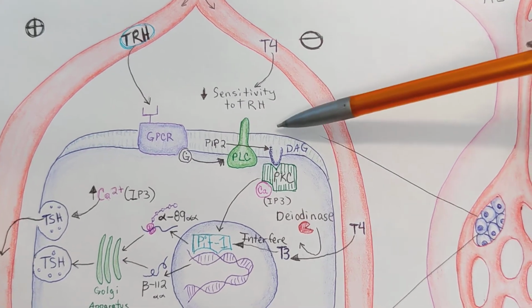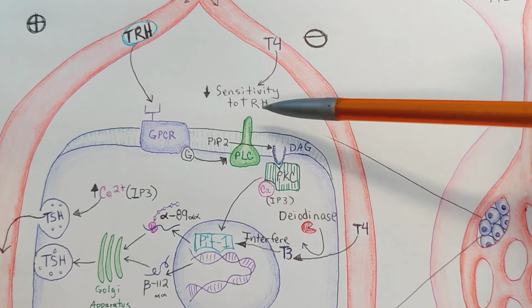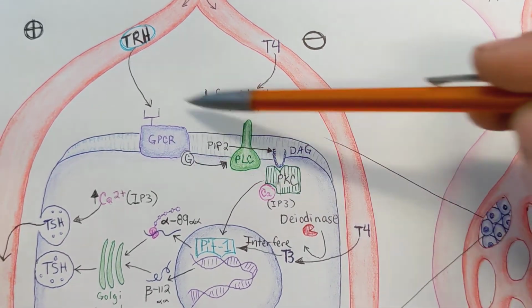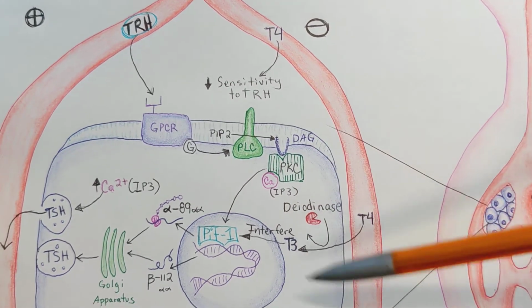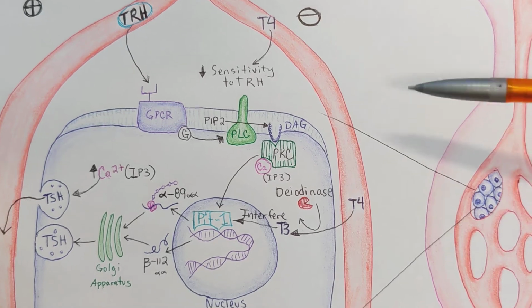And T4 in particular can reduce the sensitivity of the GPCR to TRH. So TRH, even if it is still in the blood, is not going to activate this entire system quite as much if there is already abundant thyroid hormone in the blood.